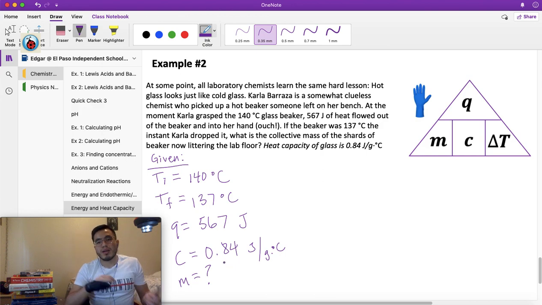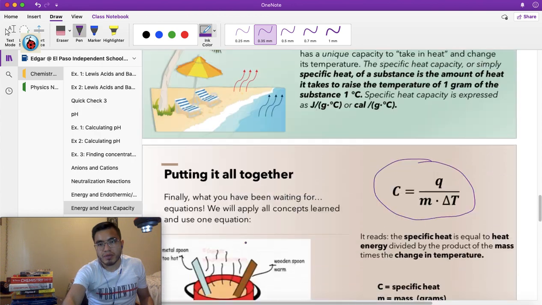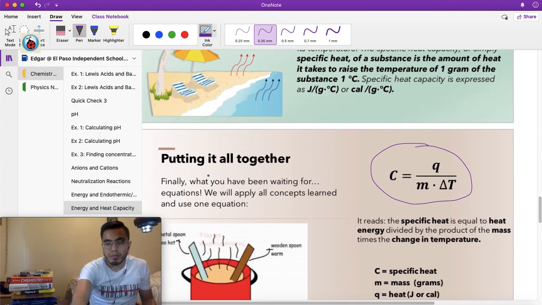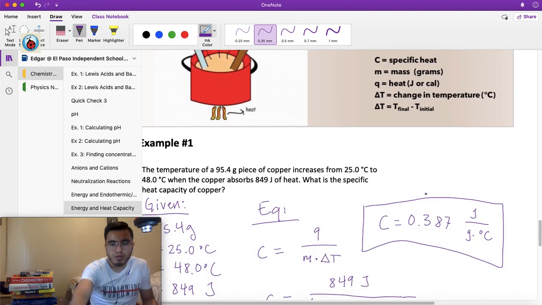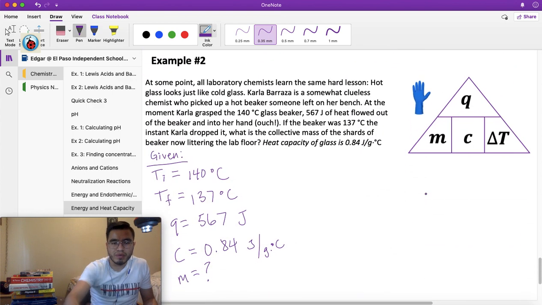Okay? And that's because if you look at our equation, mass is down here. And we're not looking for heat capacity, we're looking for mass. So what can we do to modify our equation so it's solving for mass? I'm going to use my whiteboard for the algebra method because I need more space.